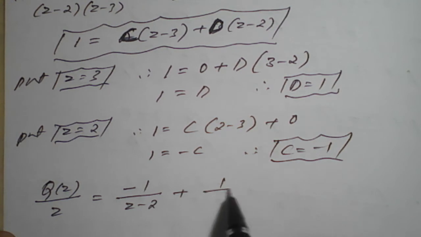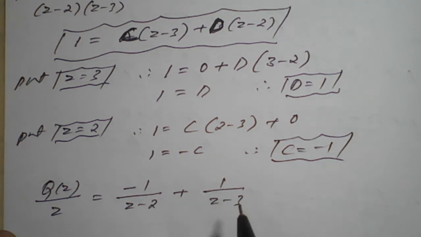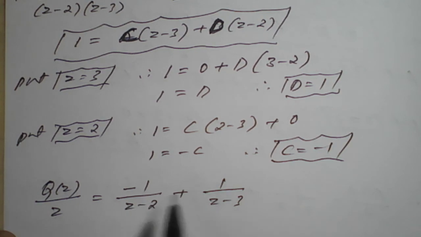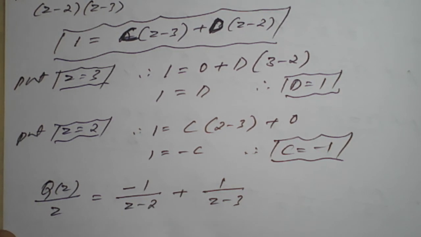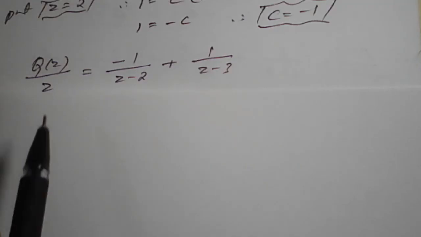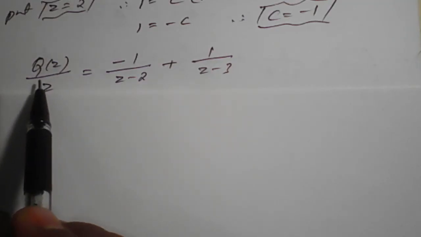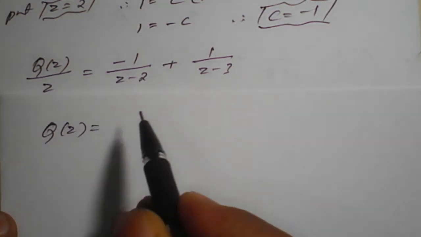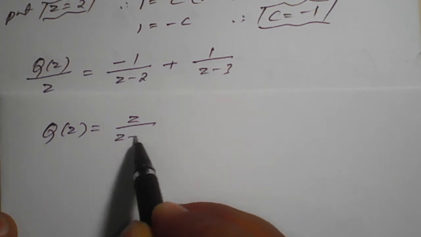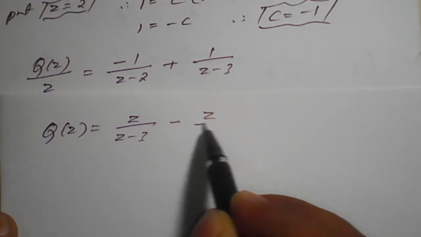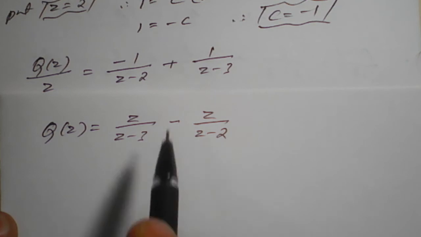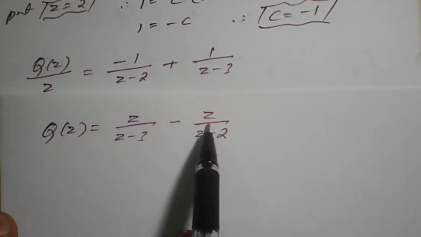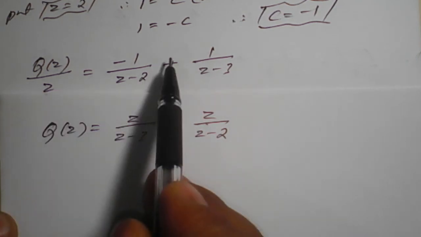D value is 1, so 1 divided by Z minus 3. So cross multiply this Z, or rearrange first. Negative term we will write next, positive term we will write first. Then we will multiply Z to the right hand side. So we get QZ is equal to Z divided by Z minus 3 minus Z divided by Z minus 2. So this step I have written first, this second, and simultaneously I have multiplied Z to the right hand side.